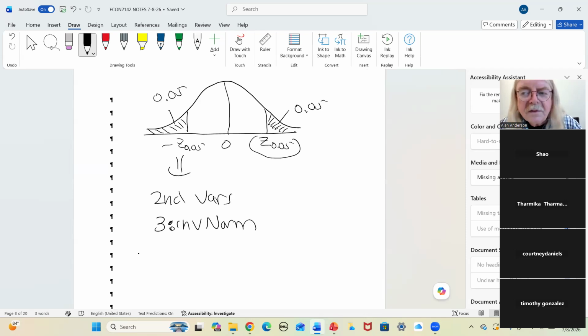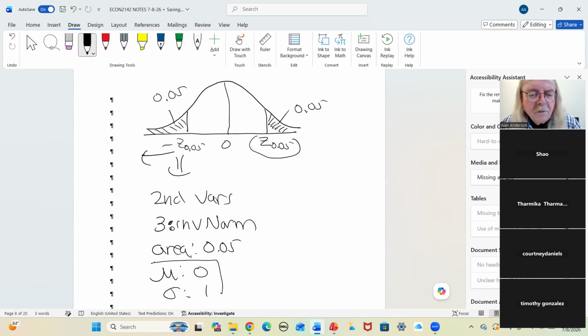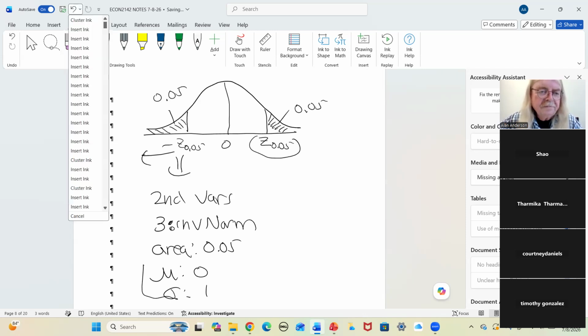And remember, always look in the left. But here, since we're already in the left tail, you just put 0.05. Then 0 and 1, because this is the standard normal distribution, or Z.